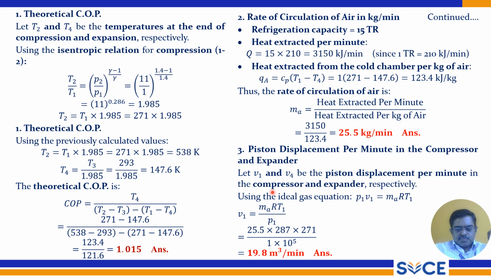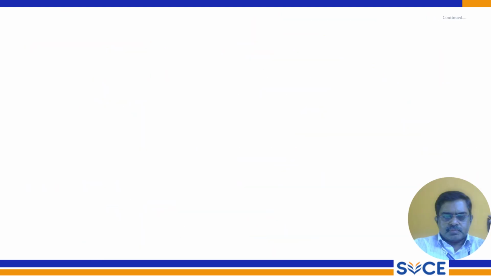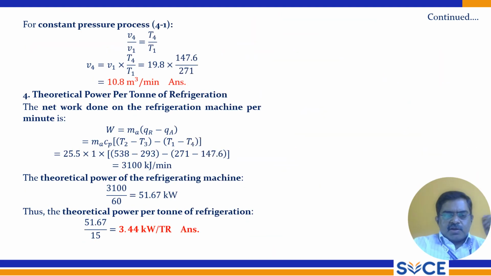So that is the piston displacement V1 per minute. And for constant pressure process 4 to 1, V4 by V1 equal to T4 by T1. So from here, we know the V1 value, and substituting that, we can get the V4, that is 10.8 meter cube per minute.